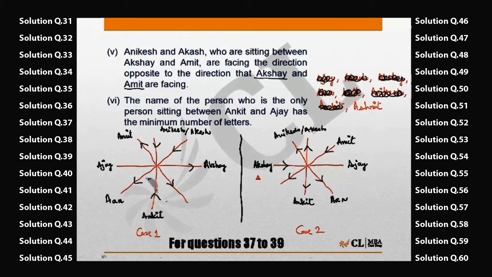Who's left is Ashmit. Therefore Ashmit is here. So we'll still have to figure out which case is the correct one, or if both are possible.